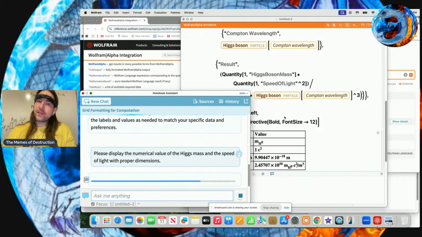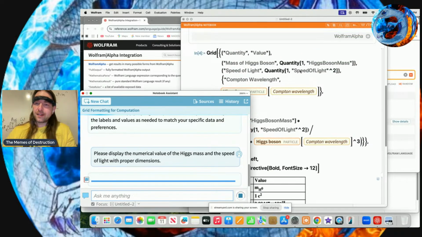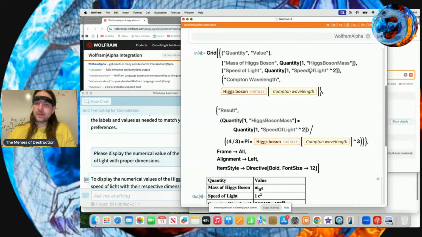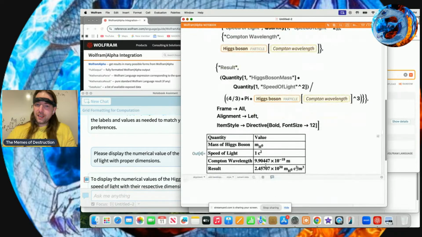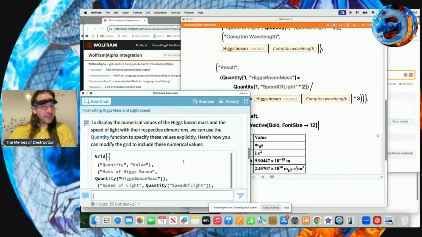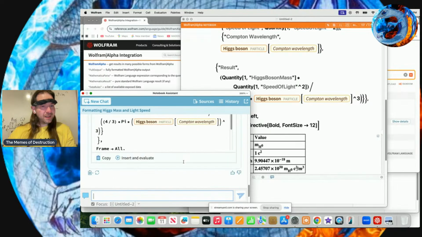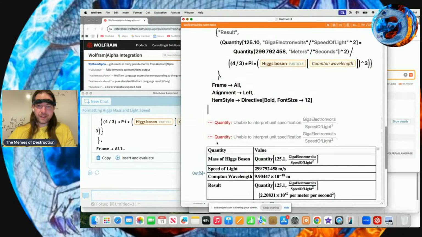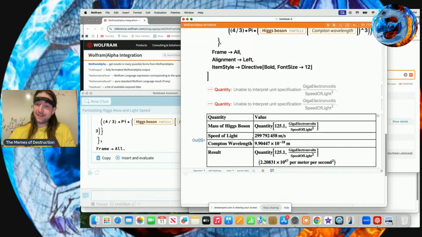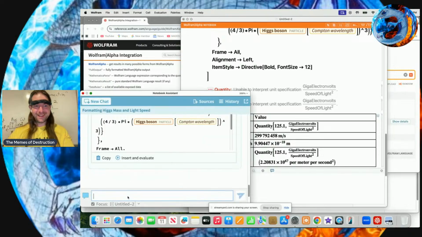All right, so it should just be a display thingy here. Okay, speed of light, blah, blah, blah, come from wavelength, okay. Let's see. Okay, so the quantity function, okay. Oh, it really does not like these quantities.